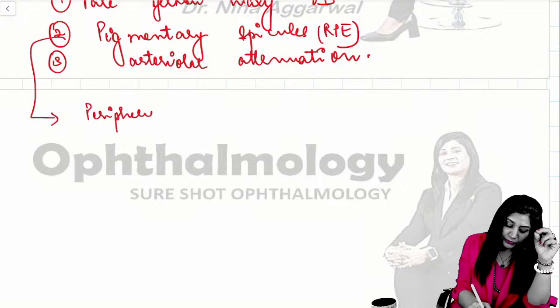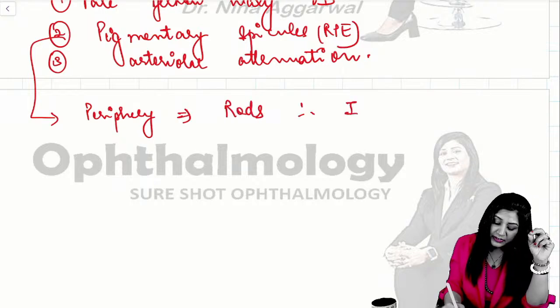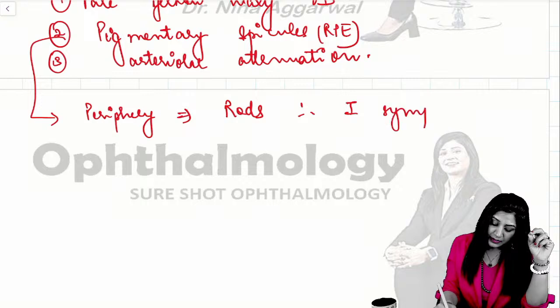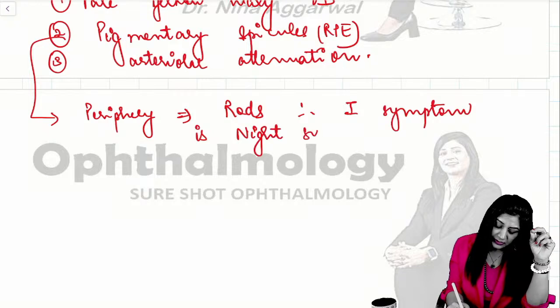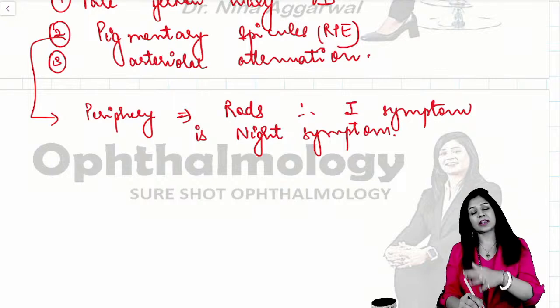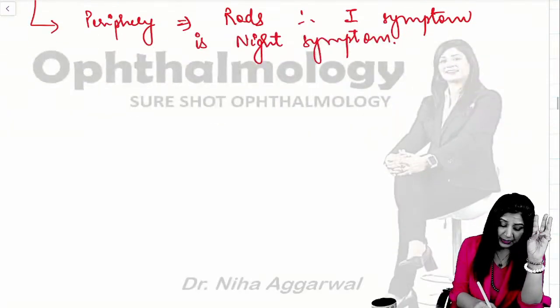Periphery means rods are affected, and therefore the first symptom that you are getting in the patient is the night blindness. So this is the earliest symptom. One of the questions was on night blindness, another question was on the picture. Both I have told you, the triad of retinitis pigmentosa. Investigation of choice is the ERG.